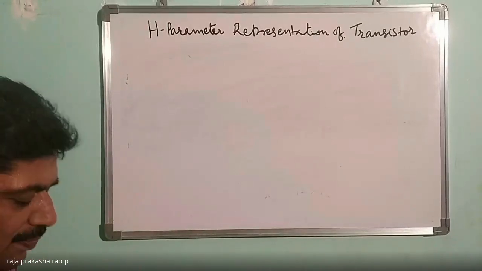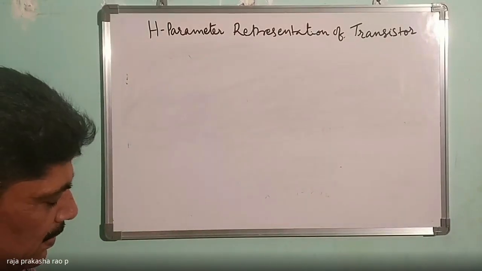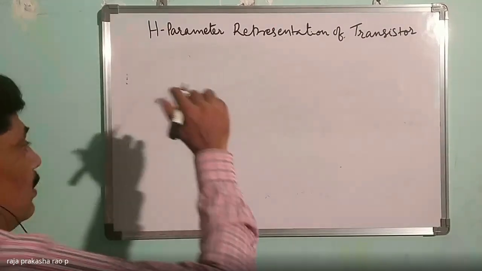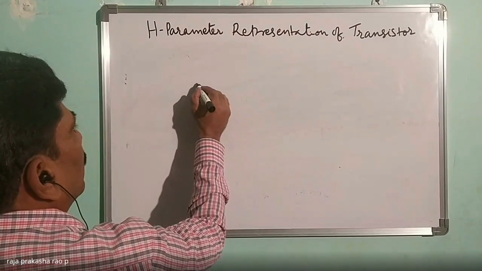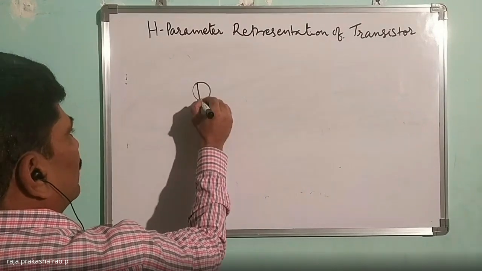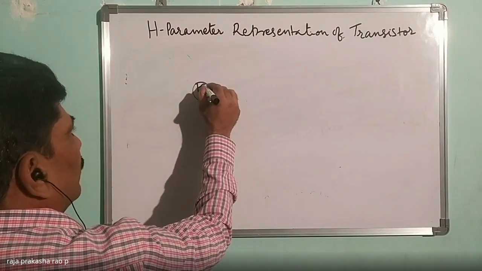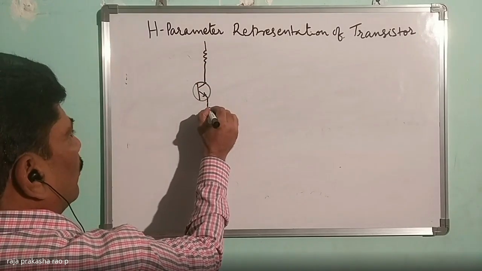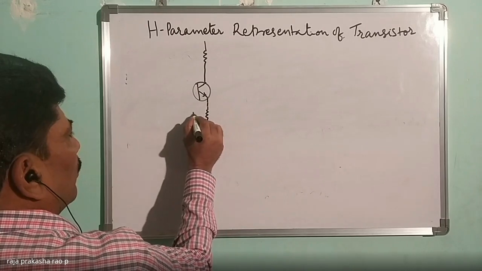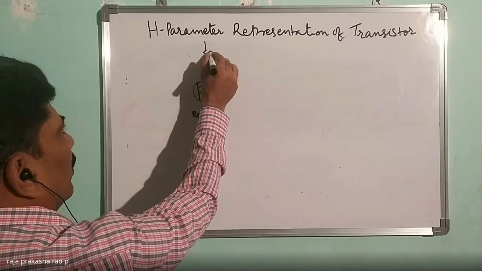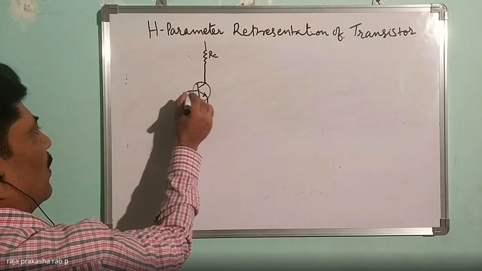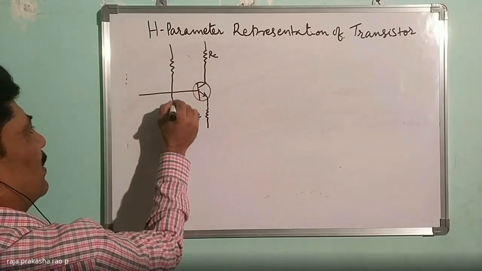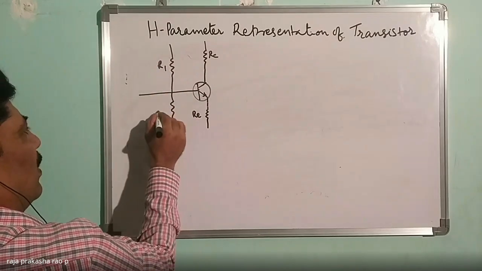Let us consider an example. It is a voltage divider circuit, so two resistors will be there like this, R1 and R2.